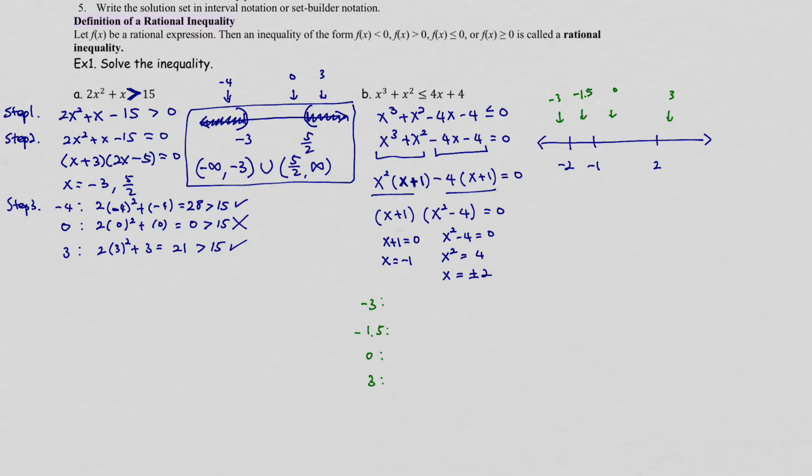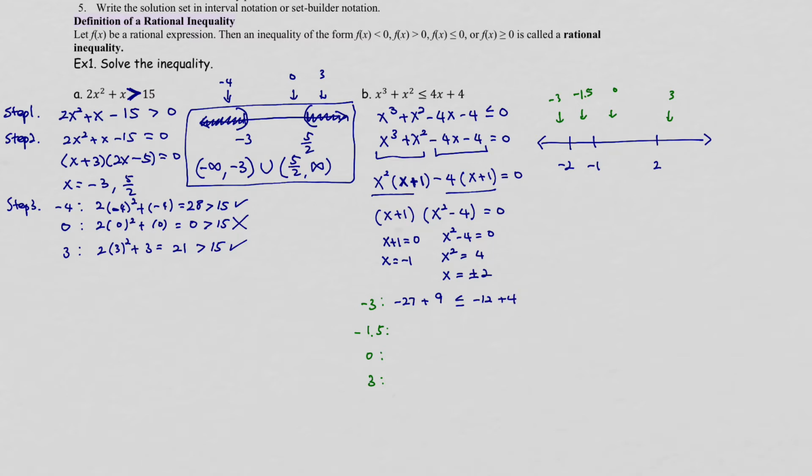Negative 3, put it into the formula right here. Your given inequality, you're going to have negative 3 cubed, which is negative 27, plus negative 3 squared, which is positive 9. And this should be smaller than 4 times negative 3, which is negative 12, plus 4.